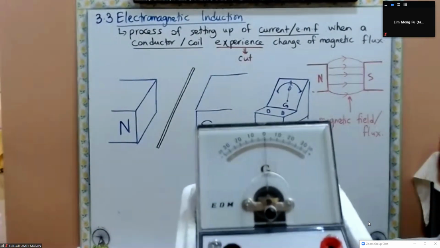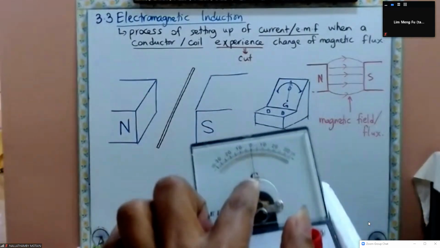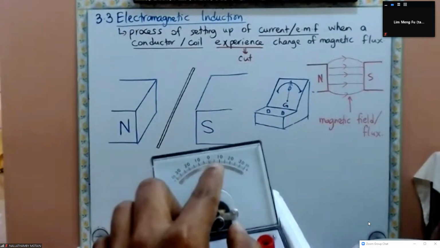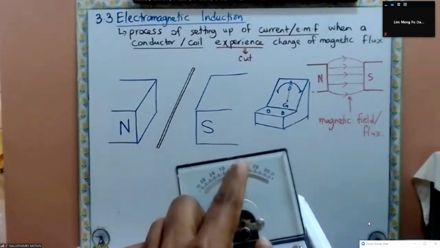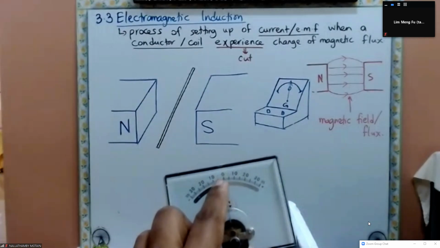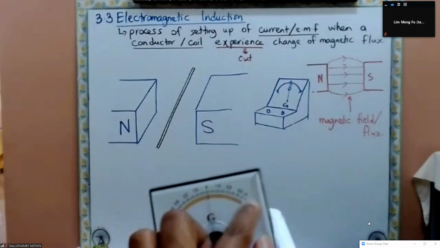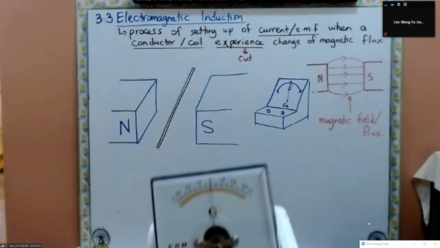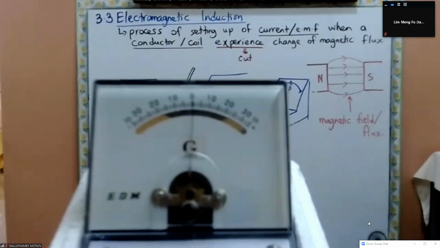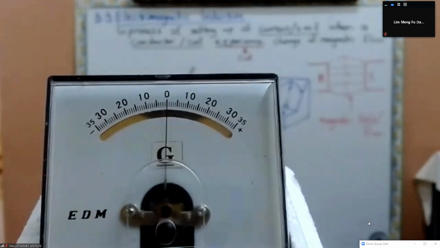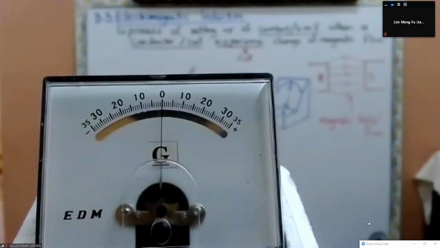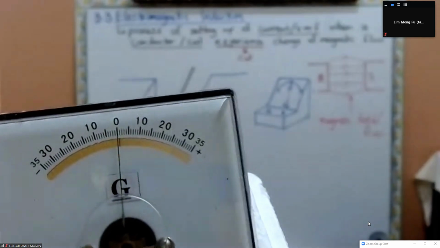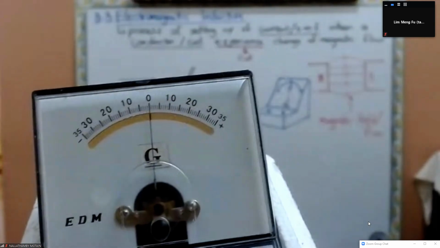Look at the pointer. This is a galvanometer, and the pointer shows 0. The 0 mark is in the middle, so the left-hand side is negative and the right-hand side is positive. It can deflect left or right. Later I will show you some activity.